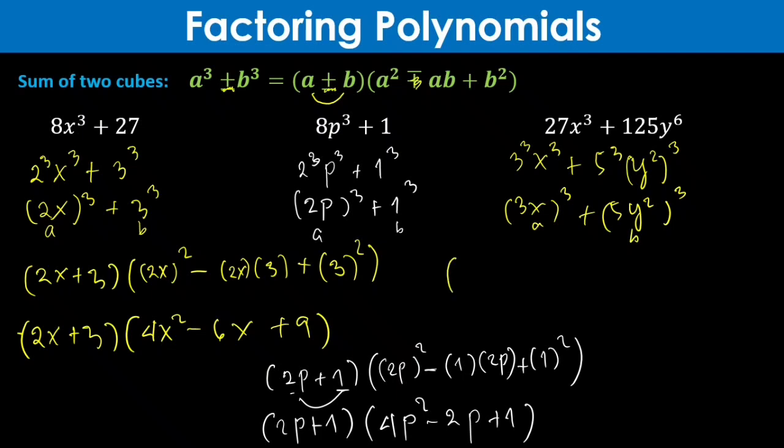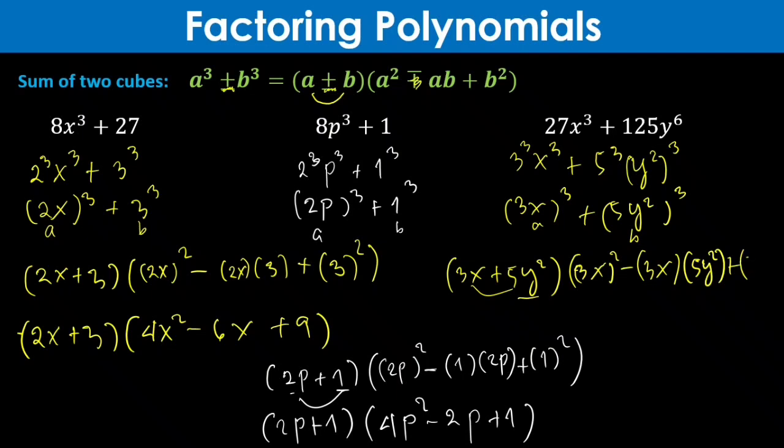Now we can express this in the formula, a plus b, which is 3x plus 5y squared. And then square this one, that's 3x squared, minus the product of 3x and 5y squared, and then square this one, that's 5y squared.